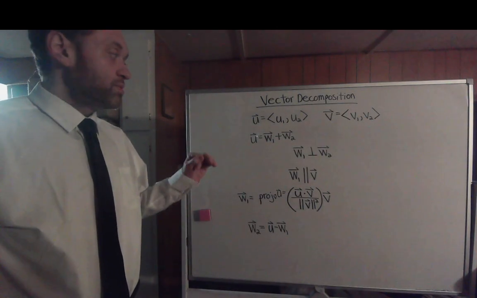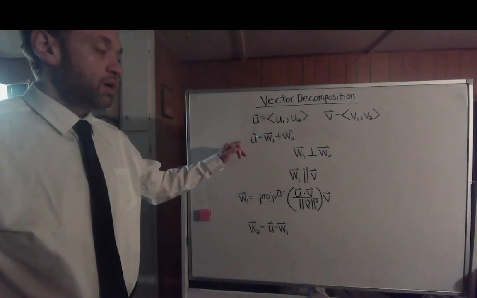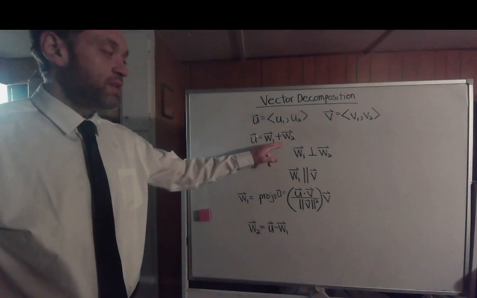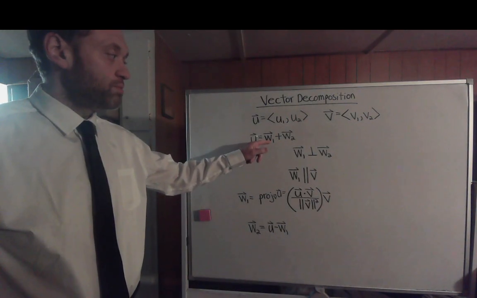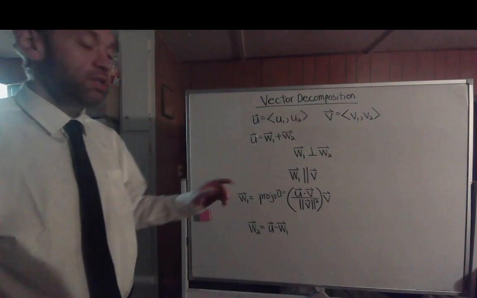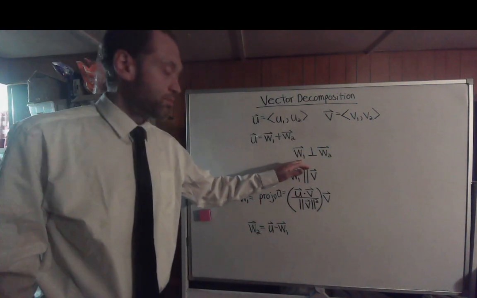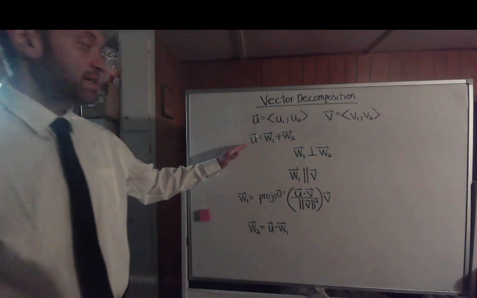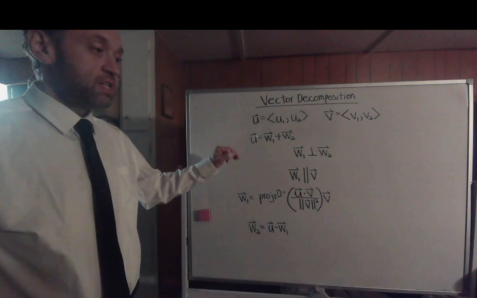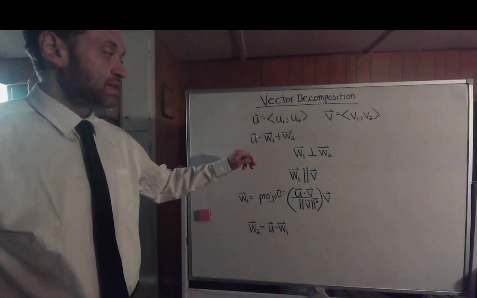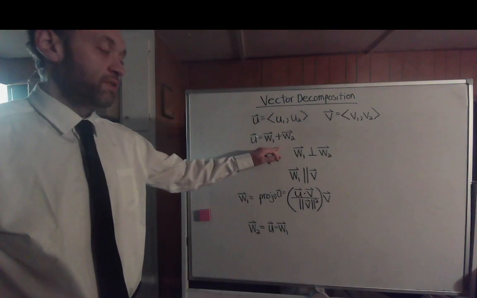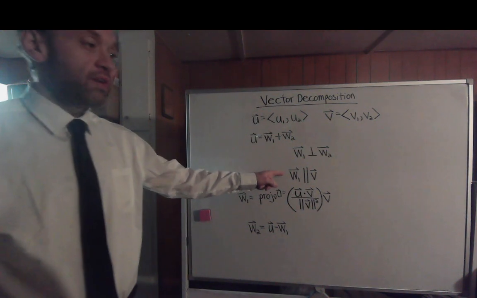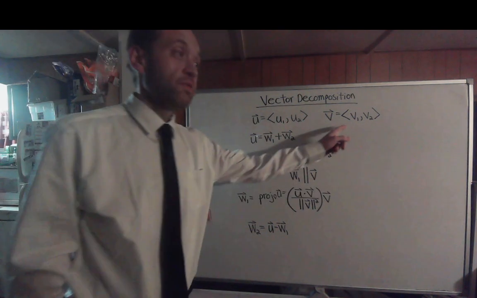To decompose the vector u, you need to find the sum of two vectors w sub 1 and w sub 2, where w sub 1 is orthogonal to w sub 2. So the idea is that you're going to find vector u to be the sum of two orthogonal vectors, and also the w sub 1 vector is parallel to vector v.